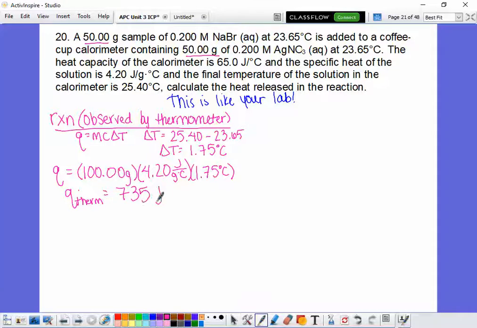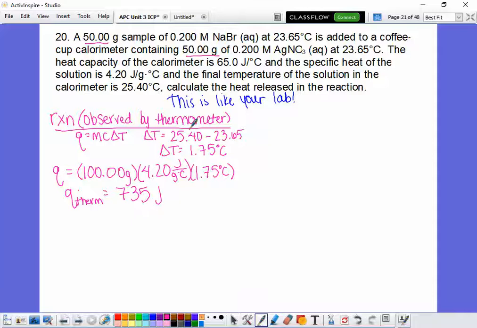735 joules. Now, some heat was lost through the walls of the calorimeter, maybe out the top. So really, our temperature should have been higher than the 25.40 we actually measured. It really should have been higher than that. So really, we should have observed more heat from the viewpoint of the thermometer. But we didn't, because some of it was lost through the calorimeter.